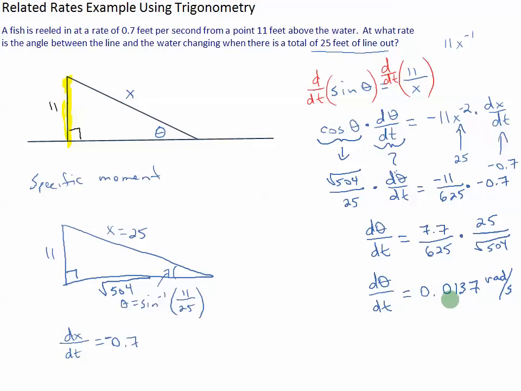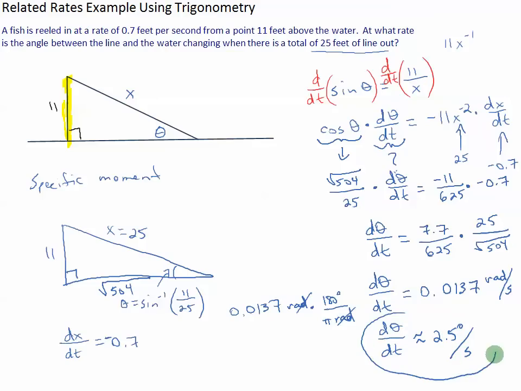To convert this to degrees, we multiply 0.0137 radians by 180 degrees over pi radians, this conversion factor. 180 degrees equals pi radians. So 0.0137 times 180 over pi is approximately, I'm rounding here, 2.5 degrees per second.